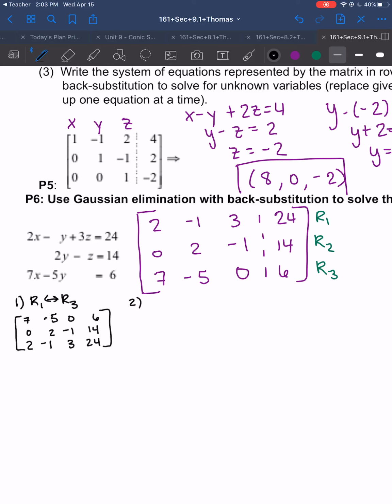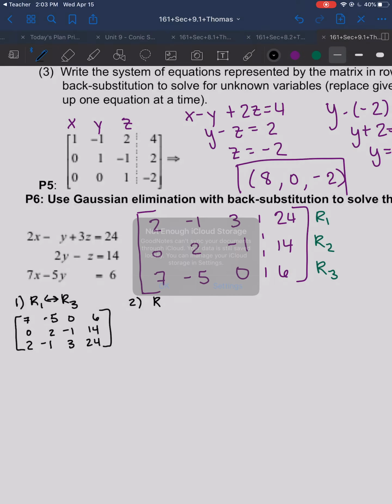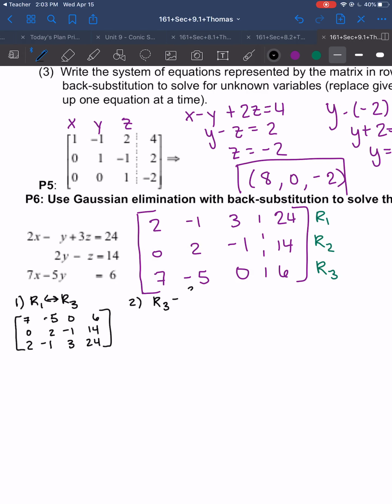Then my next step will be to get this 2 here to be a 0. So what I'm going to do is take R3 minus 2/7 R1 and put that in R3.